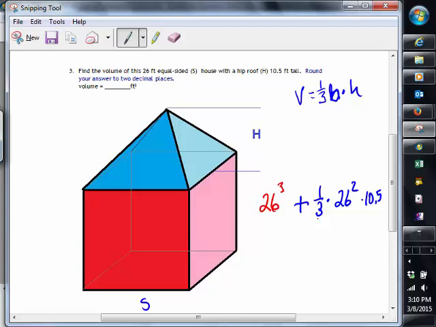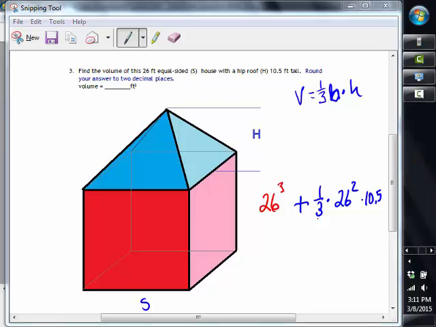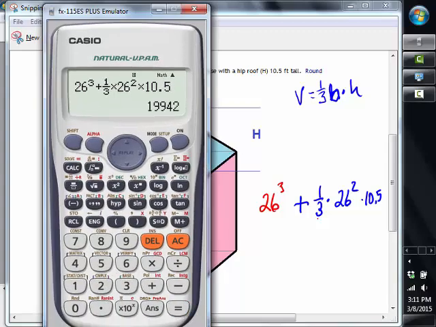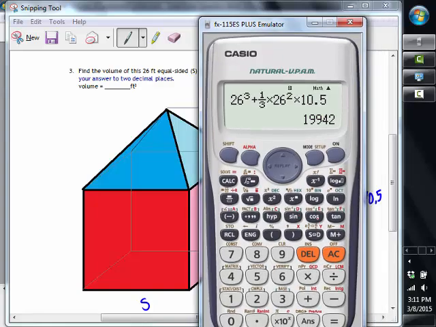So when we get done, we can add those two together, and we get 26 to the third plus 1/3 times 26 squared times 10.5, which is 19942.